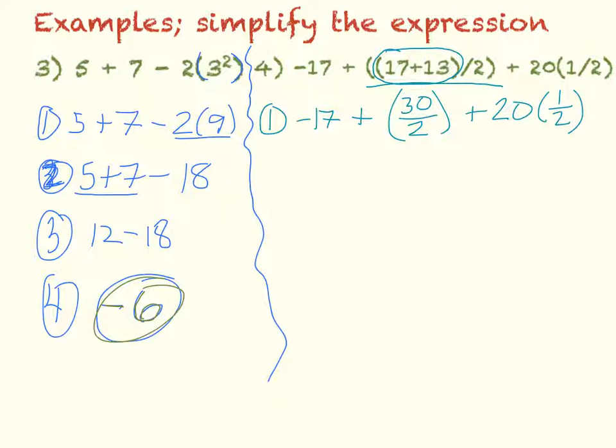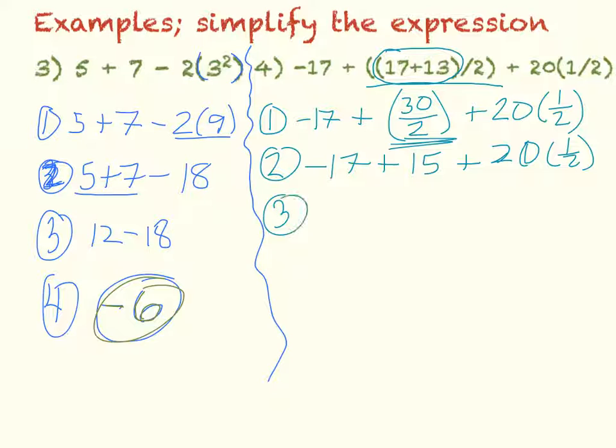Alright, so the next thing I do is division and multiplication left to right. So step 2 is 30 divided by 2. So negative 17 plus 15 plus 20 times 1/2. Step 3 is to do the multiplication part.